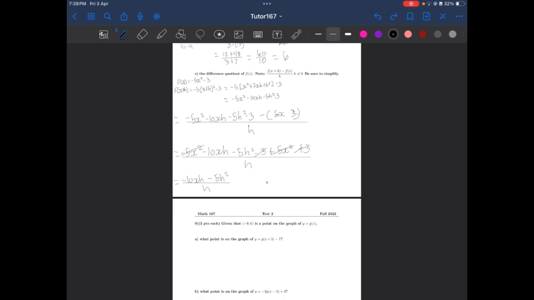When we do that, we're left with h times negative 10x minus 5h, divided by h. The h's divide into themselves. So all you're left with is negative 10x minus 5h. And that is your final answer. Negative 10x minus 5h.